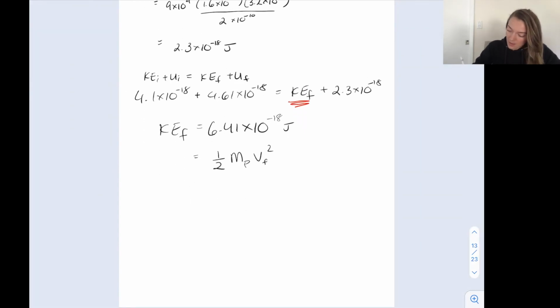So we have 6.41 times 10 to the negative 18 is equal to 1/2 times the mass of the positron, 9.11 times 10 to the negative 31, times VF squared. So multiply both sides by 2 to get rid of your 1/2. Divide both sides by 9.11 times 10 to the negative 31.